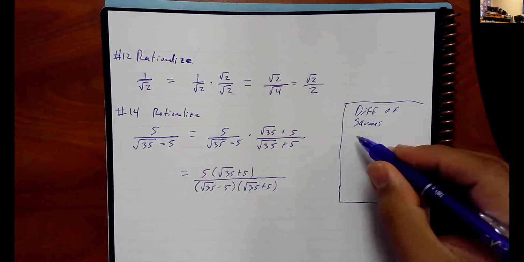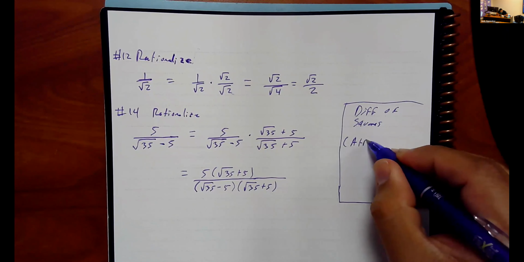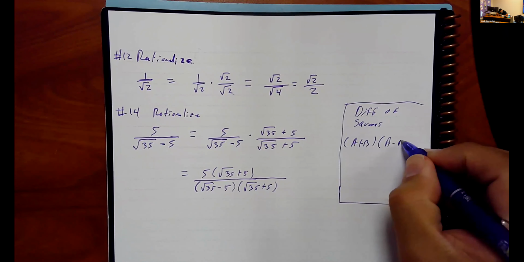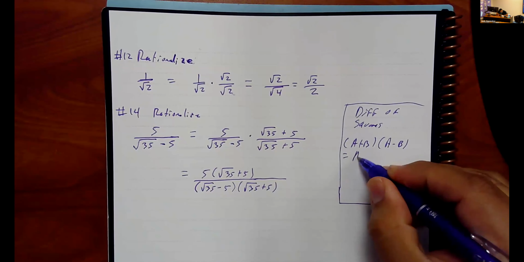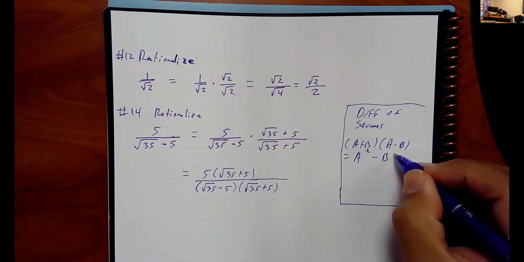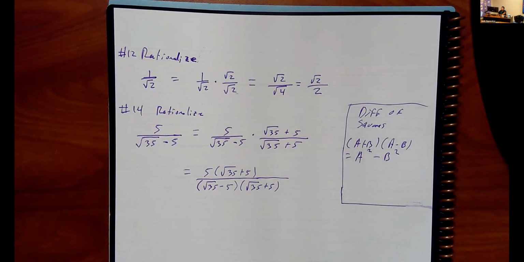Difference of squares. A plus B times A minus B is equal to A squared minus B squared. That should be very familiar. You remember?